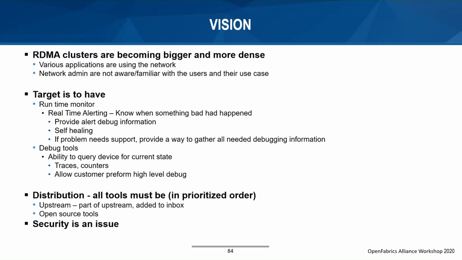And I added here the last bullet, which is security is an issue. We always have to keep in mind that when debugging, we are exposed to customer information. And we always have to evaluate whether the things that we are exposing for debug might break some law or might provide too much information, and we always have to keep track of that.